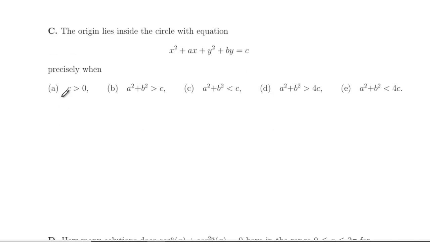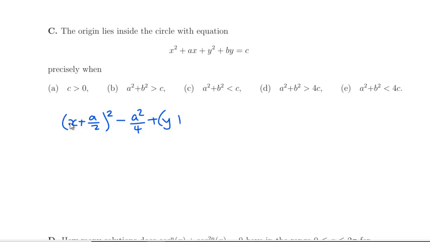C. The origin lies inside the circle with this equation precisely when which one of these things applies. Okay, so let's get this into proper circle format then. So we're going to have (x plus a over 2) squared, then we have to take off the a squared over 4.